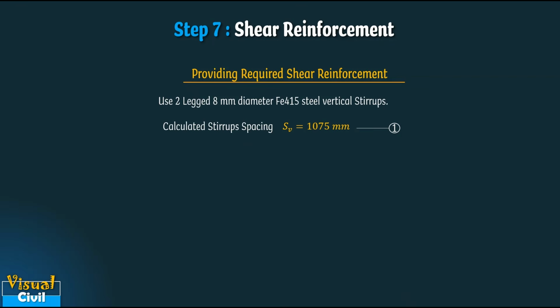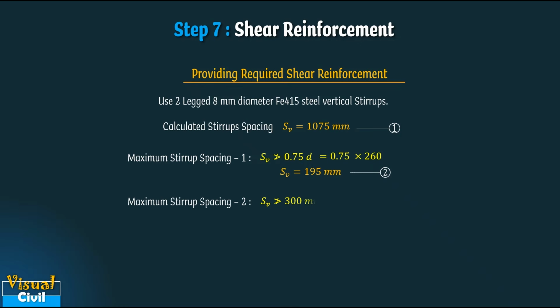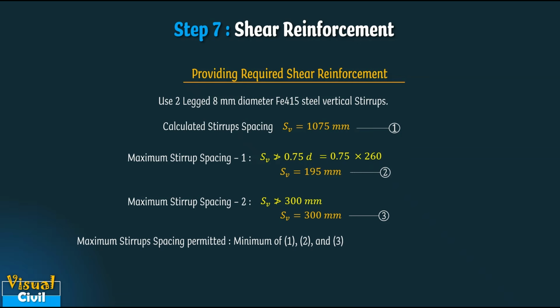So, let us calculate the second value of stirrup spacing equal to 0.75 times effective depth, which is equal to 195 mm, and the third value of stirrup spacing is equal to 300 mm. Now, maximum stirrup spacing is equal to the minimum value of the first, second and third value of spacing. This is equal to 195 mm. Hence, provide the spacing of the vertical stirrup as 175 mm.